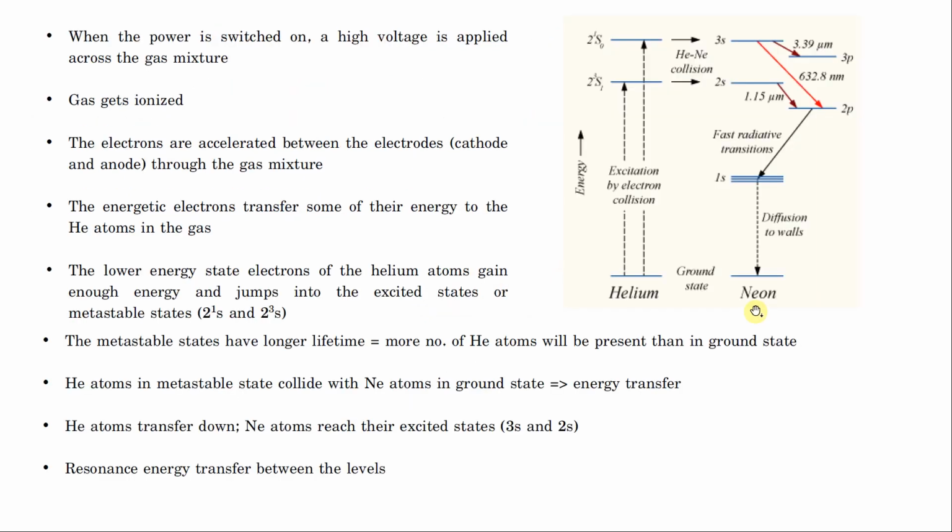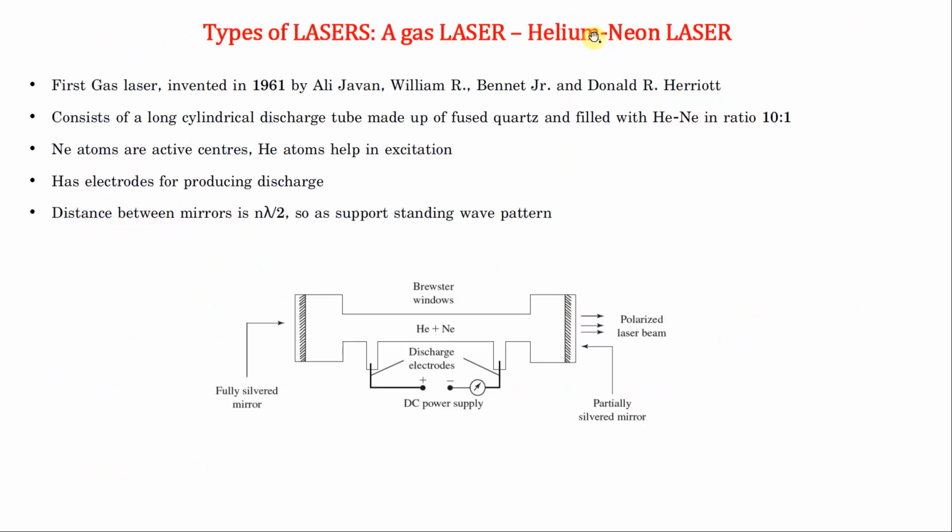So now what is going to happen is when you switch on this DC power supply, the electrodes are going to produce the discharge. There is an electrical discharge which is going to happen, and that will ionize the gaseous atoms of helium and neon.